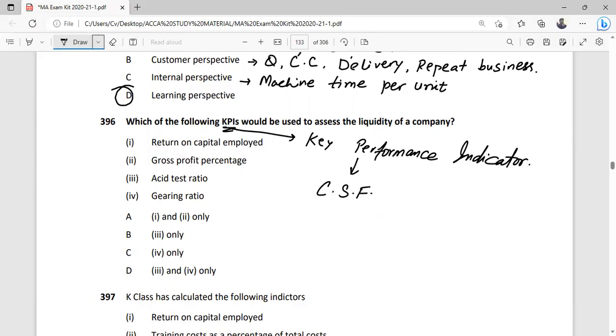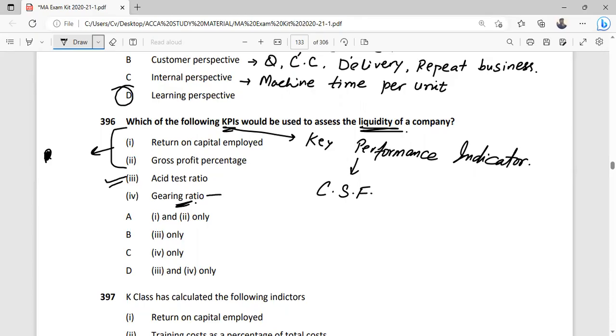To assess the liquidity of the company, liquidity means cash or cash equivalent, and liquidity of the company is measured by what? Liquidity of the company is measured only with the current ratio and acid test ratio. Return on capital and gross profit are financial measures or financial key performance indicators. Gearing ratio is also a measure of financial risk.